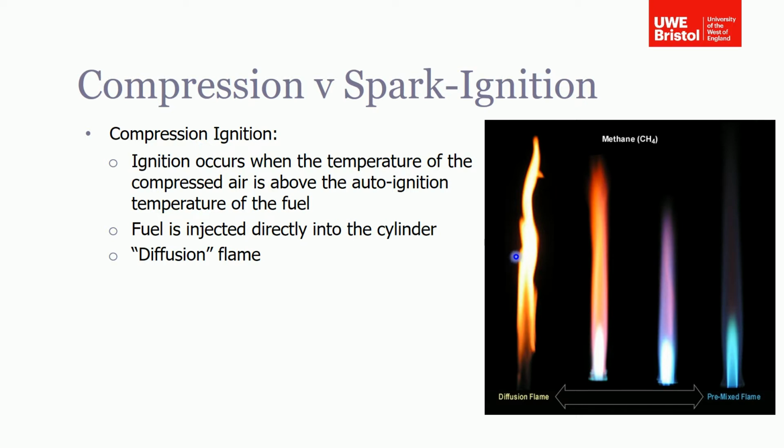Because it's not pre-mixed, the fuel is injected into the atmosphere. Strictly speaking, it isn't a diffusion flame, I should make that clear, but it's a diffusion type flame because you haven't got very much time for mixing, and the fuel is quite concentrated. And this is why diesel engines are quite sooty: you've got this diffusion type flame with poor mixing, so you end up with soot.